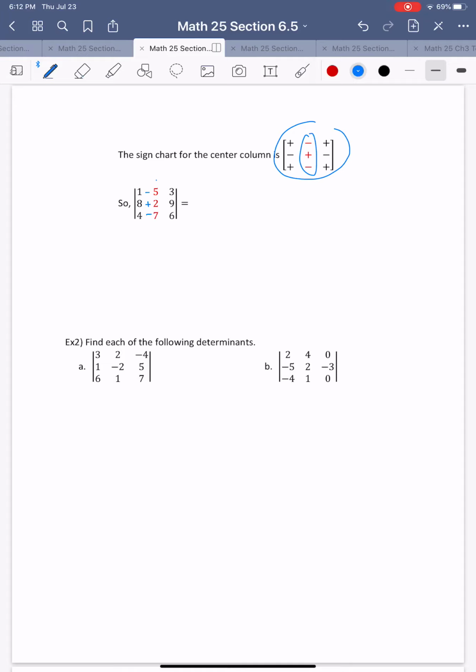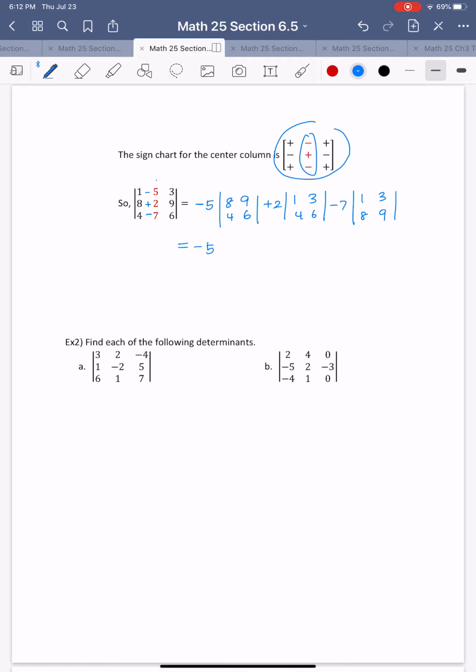So I use 5 as a negative, and the minor is going to be 8, 9, 4, 6. And then for the 2, the minor is 1, 3, 4, 6. For the 7, the minor is 1, 3, 8, 9. And then just compute this.